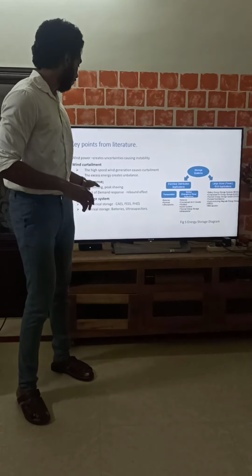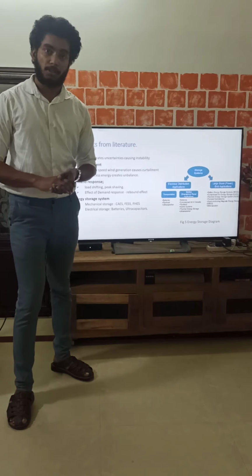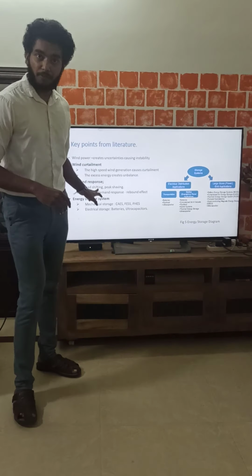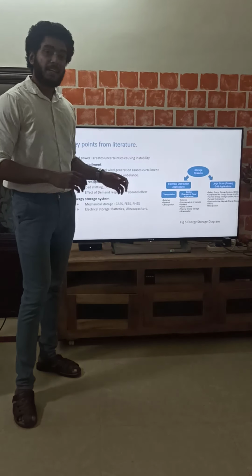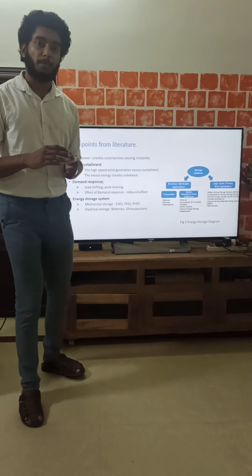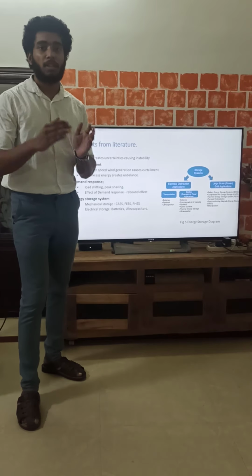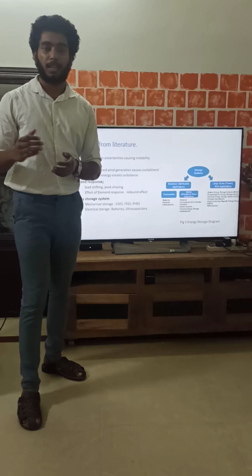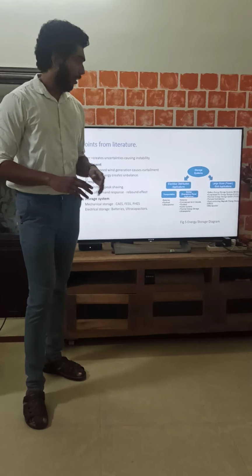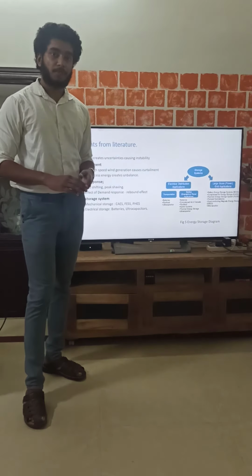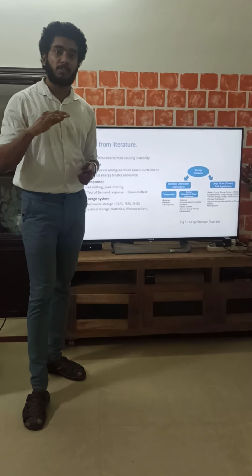There are two types of demand response: load shifting and peak shaving. In load shifting, the maximum demand in a peak hour is shifted to another time. In peak shaving, the maximum demand is reduced.